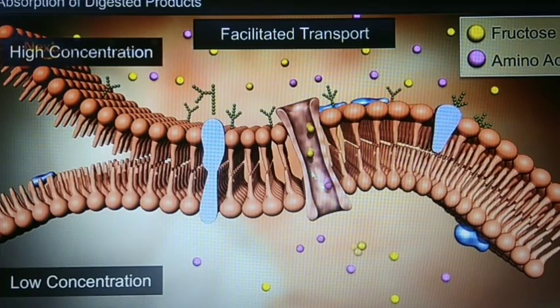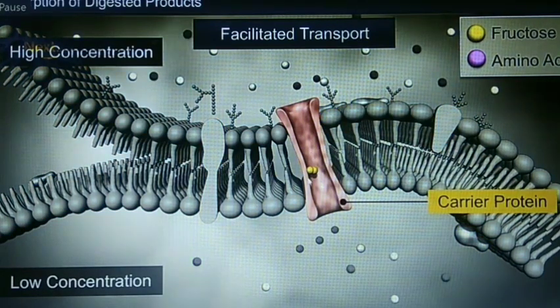This is a carrier protein, and with the help of this carrier protein only this transport of nutrients takes place, from a higher concentration to a lower concentration. The molecules simply diffuse with the help of a carrier protein. That is called facilitated transport. In the same way, it will be along a concentration gradient, higher to lower concentration.